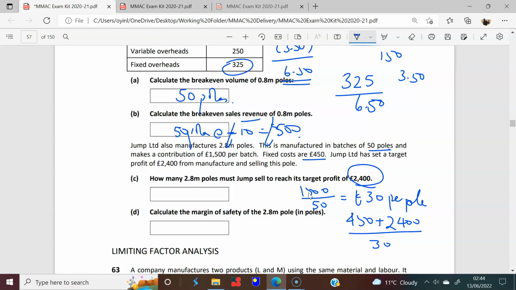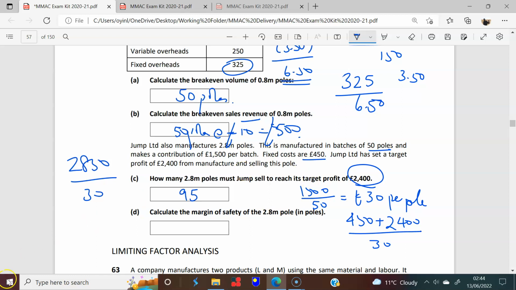Whether you first hit the 450 and then the 2,400, it's fine, but this is your ultimate equation. So 2,400 plus 450 is 2,850 divided by 30, and that's 95. So you have to sell 95 poles to hit the target profit of 2,400.